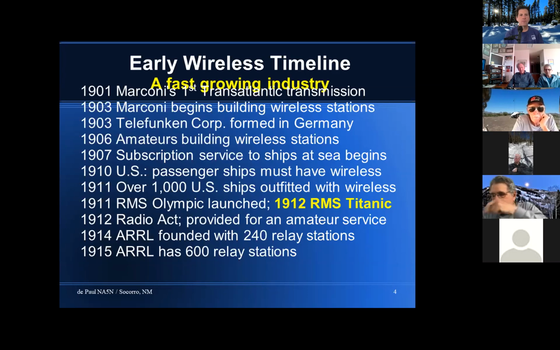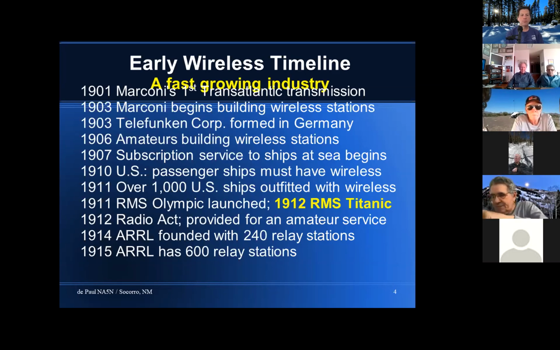The early telecommunication systems were subscription services, which is very significant, as we'll discuss later on, because there were basically two systems, the Marconi system and the Telefunken system, and they were very strong competitors.